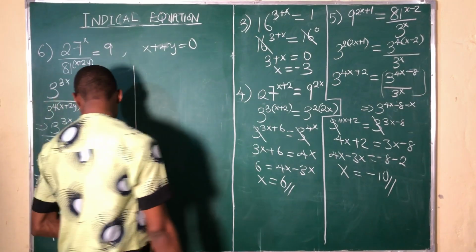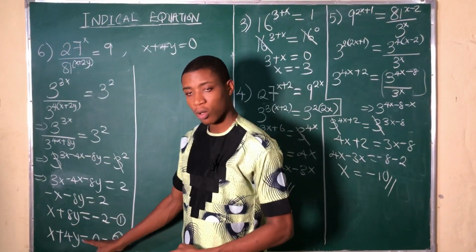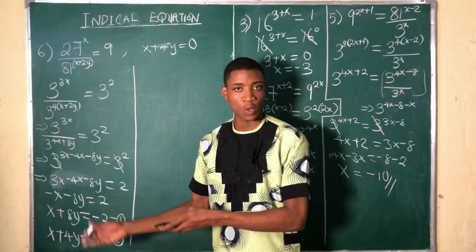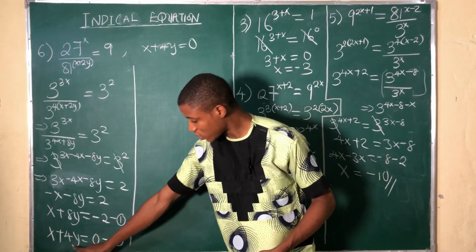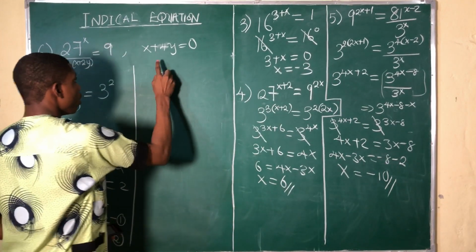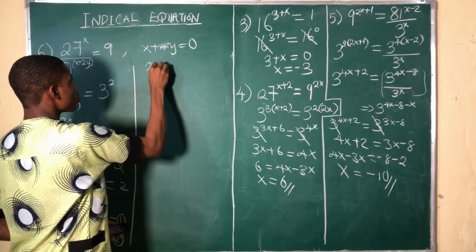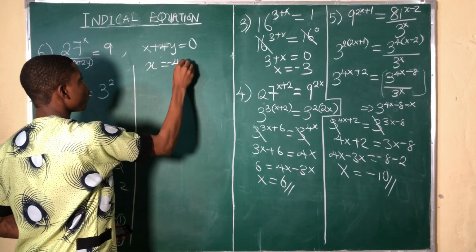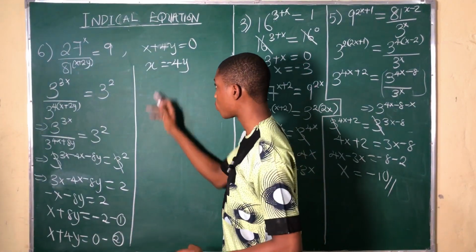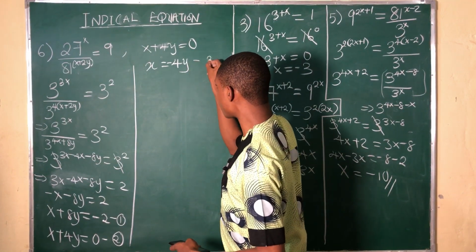So the concept is easy. We are going to make one subject formula from this case with the principle of solving simultaneous equations. Of course, now let's take from equation 2. Making equation 2 a separate formula, we have that x is equals to negative 4y. Let's call it equation 3.